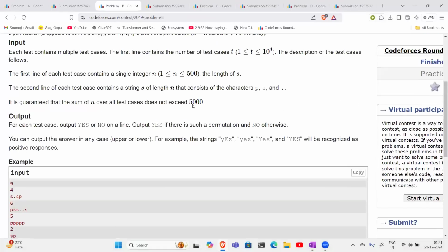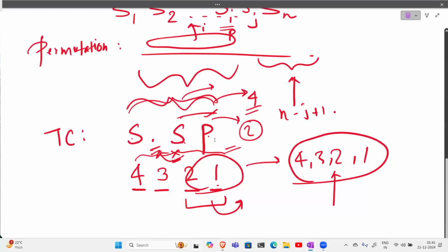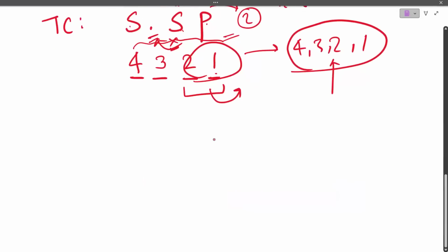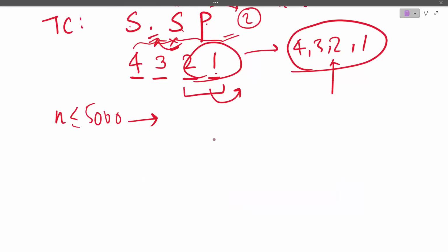Also realize that the sum of n over all test cases does not exceed 5,000. That means that here n does not exceed 5,000. So basically, the authors expect an order n square code for this.